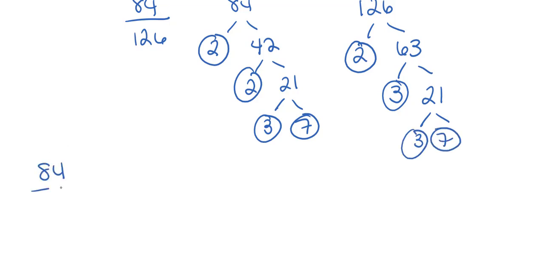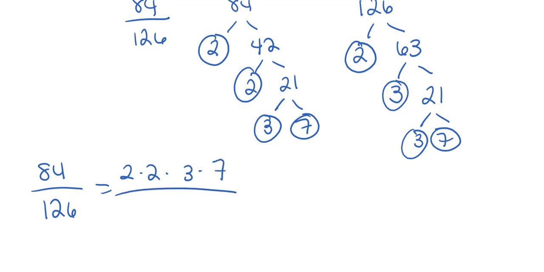So 84 out of 126 can be rewritten as the prime factorization for both. And then we're just going to cancel out the common factors, or divide them out. So 2 and 2, 2 divided by 2 is just equal to 1. Then we have a 3 and a 3 here, so that's just 1.